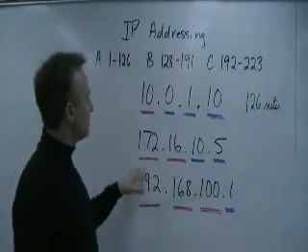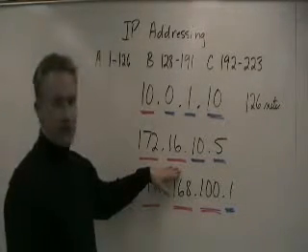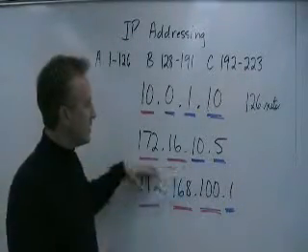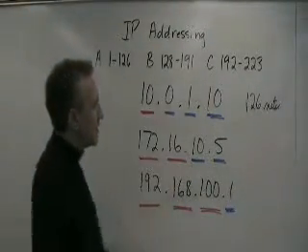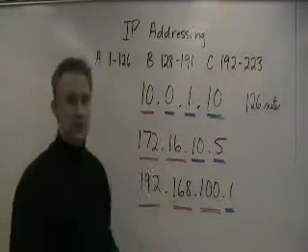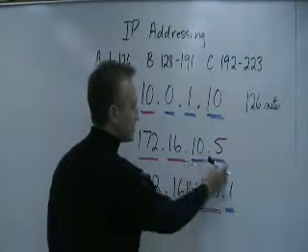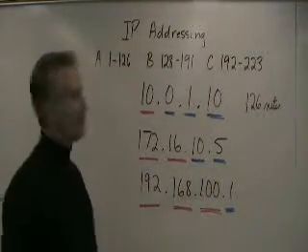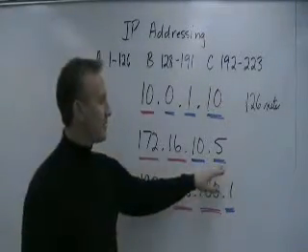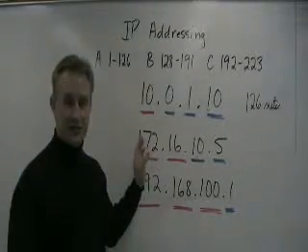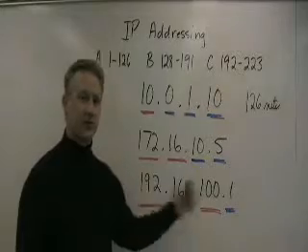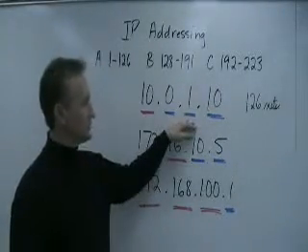And so what that gives me is 64 times 256 total possible networks in Class B. I also have 2 numbers here rather than 3. In combination, each of these can be 0 to 255. That gives me just over 65,000 combinations for hosts. So for any particular Class B network, that network will have just over 65,000 hosts within it, a little bit smaller than this.